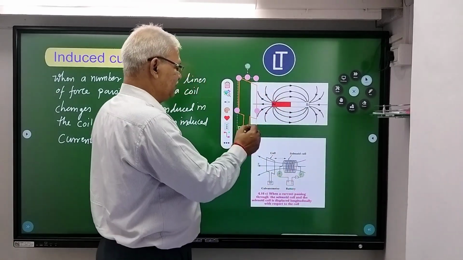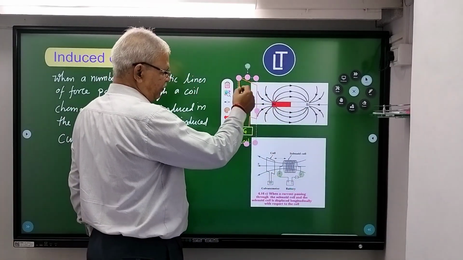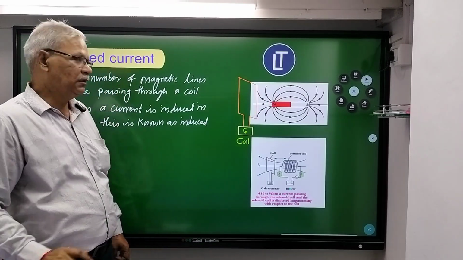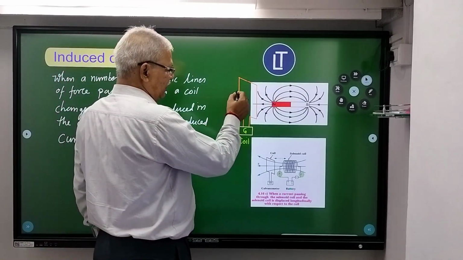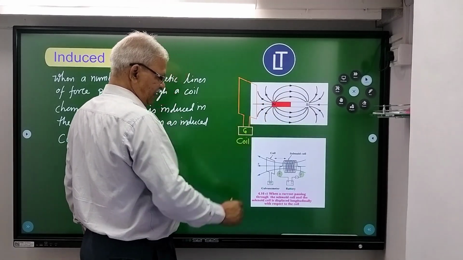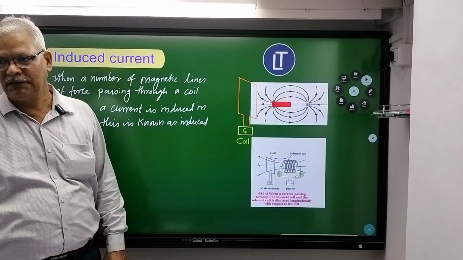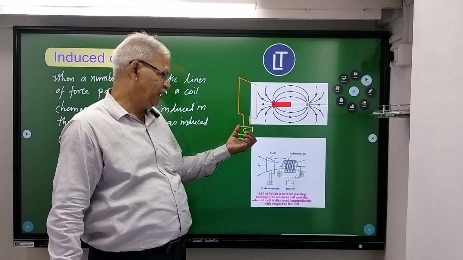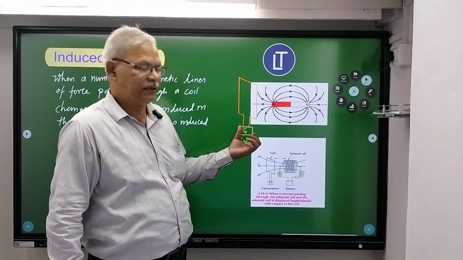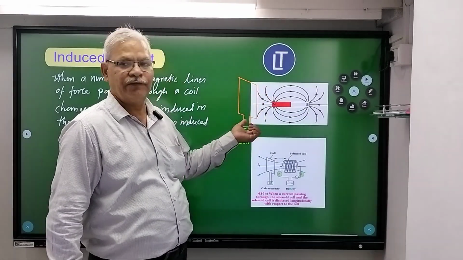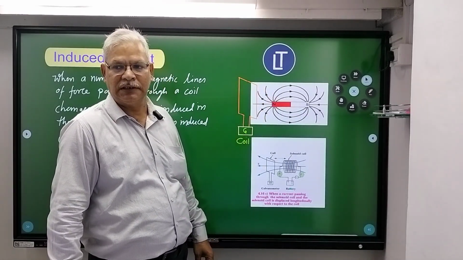Means the magnetic lines of force passing through the coil is changing, therefore a current will be induced in this coil and it can be measured with the galvanometer. Galvanometer is an instrument which can measure the minute electric current flowing through the conductor.